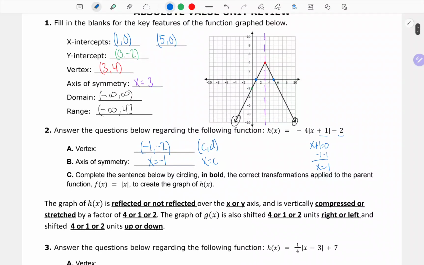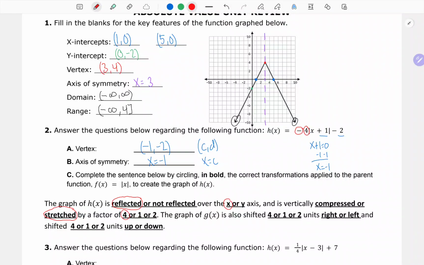Okay, so the negative right here, that means it's reflected over the x-axis, and this 4 right here is greater than 1. That's a vertical stretch by a factor of 4.